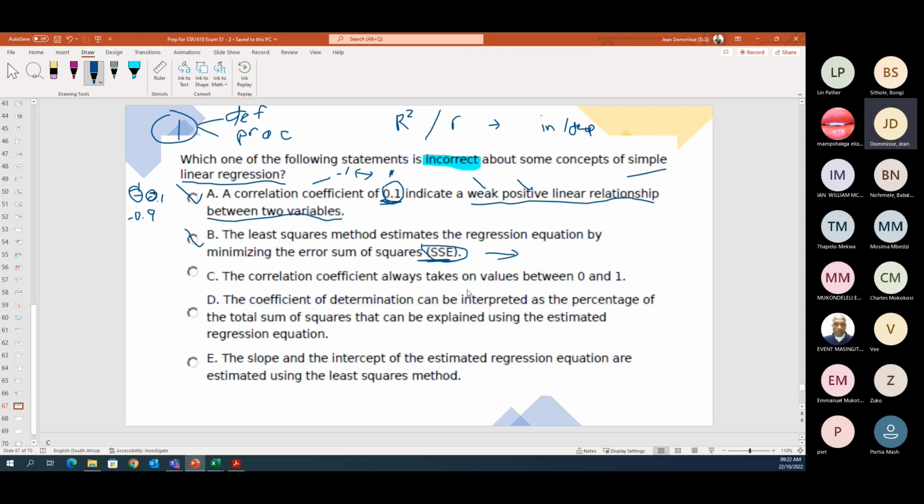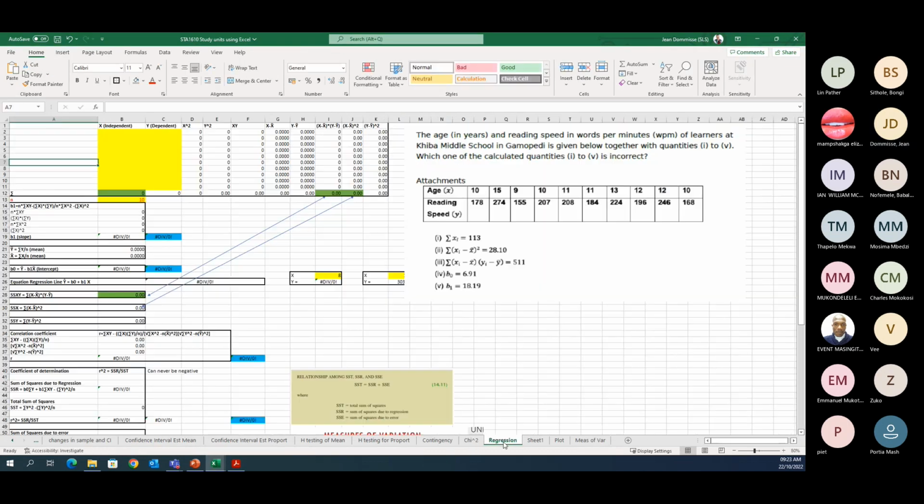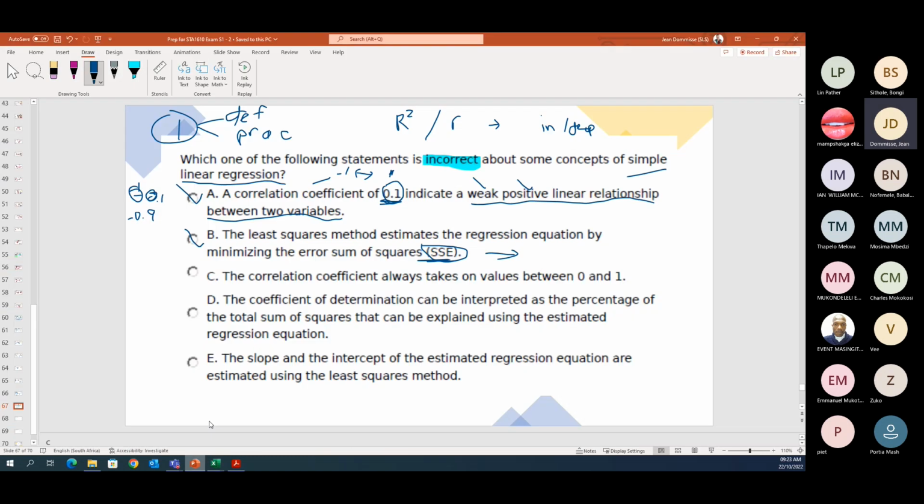What the least square method does is minimize the error sum of squares. We'll get to an example in the next one where we look at how it minimizes, but let's not worry about it yet.